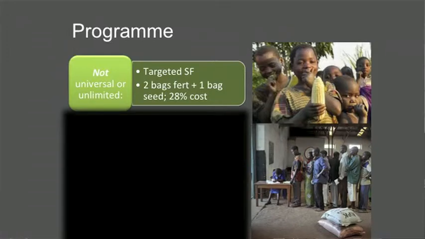And it was limited to a couple of bags of fertiliser and a bag of seed, and you were paying at the initial point roughly between a quarter and a third of the real cost. So it was designed to be broad-based and to be targeted towards people who genuinely were facing problems of affordability.